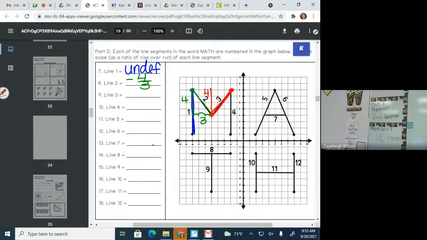And I'm gonna run 1, 2, 3. We said that slope was positive, so what would the slope of line 3 be? Positive 4/3. All right, and what about line number 4? Undefined because it's another vertical line.